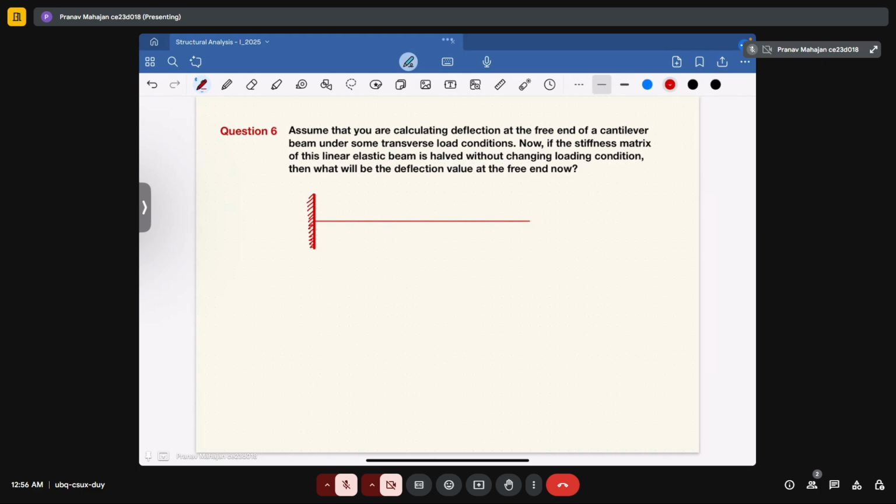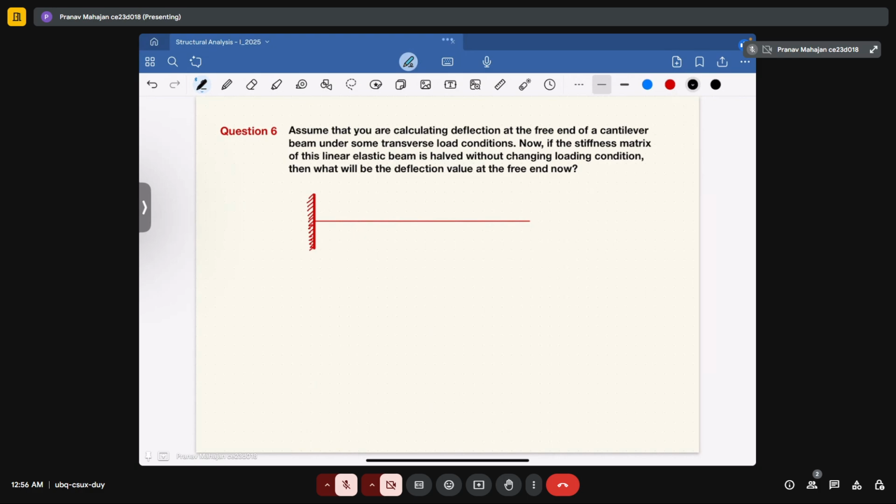That means, when you have a rigid material with stiffness equal to K, now you are using a less stiff material with stiffness equal to K by 2. Then what will be the deflection that will be observed? As you already know, as stiffness reduces, the deflection increases. So we will use this relation.